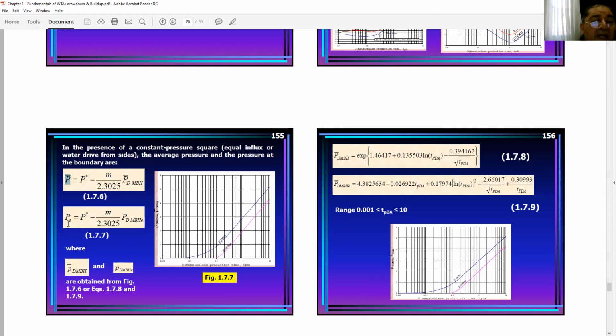Now, PE is the reservoir pressure calculated at a distance called r. What is r? It is re divided by the square root of e. So PE is the reservoir pressure when r equals re divided by the square root of e.